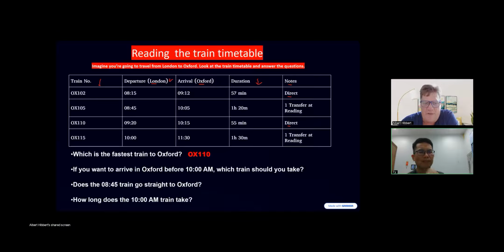If you want to arrive in Oxford before 10 a.m., which train should you take? You get the train number OX 102.